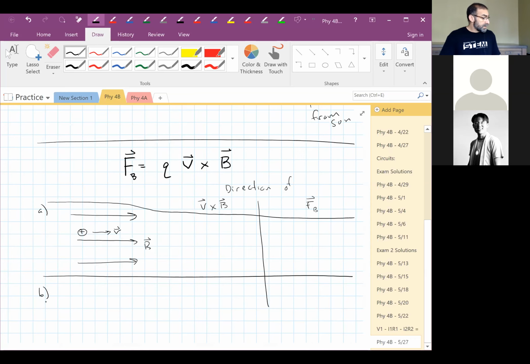All right, for this first one, the cross product, what does that do for us? It gives us 0.